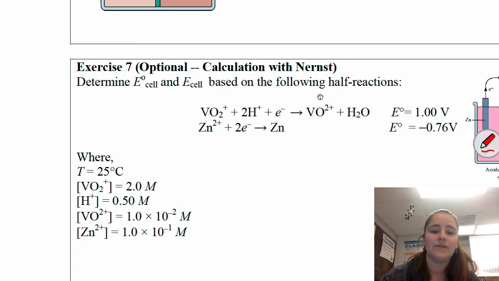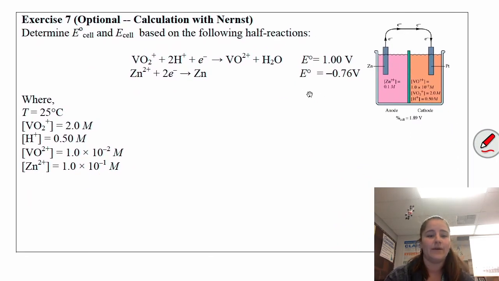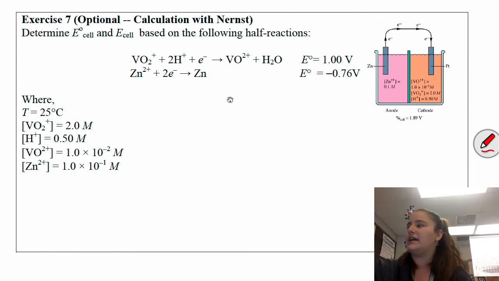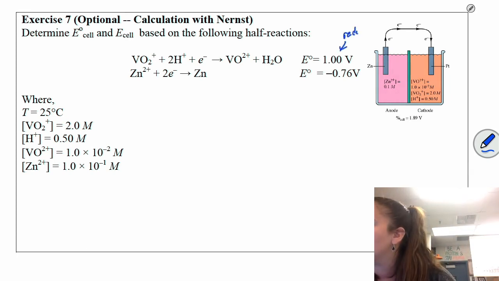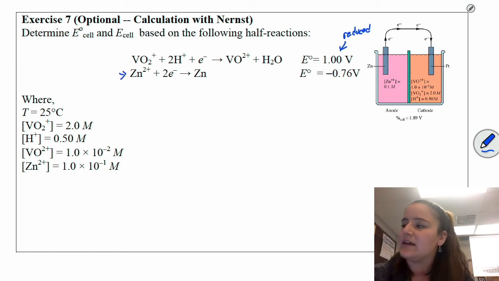Let's go on to another one. This one is a calculation with Nernst. I do highly recommend you try it. However, like I said, you're not going to be required to do it on the AP test. Just to kind of help you guys get set up here, notice these are both standard reduction potentials. This one is more positive, so it'll be reduced. Okay, this one will be our oxidized, the zinc.